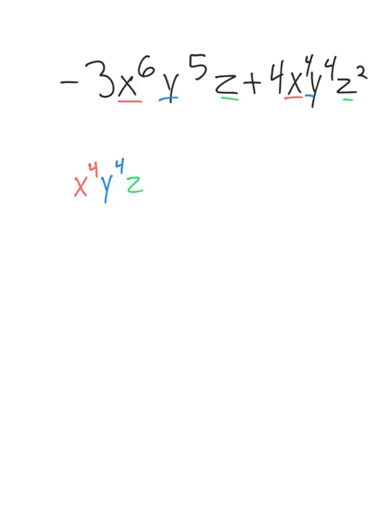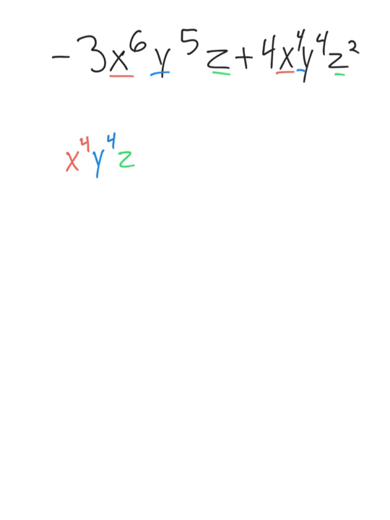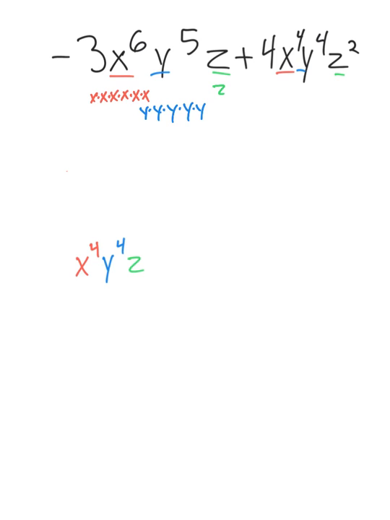Now, if that's not clear to you, let's look, and we would have 1, 2, 3, 4, 5, 6 x's, 5 y's, and 1 z over here.